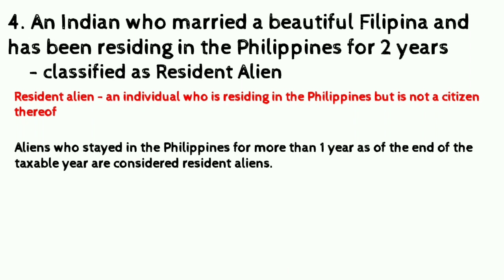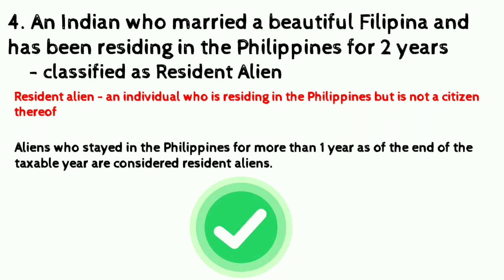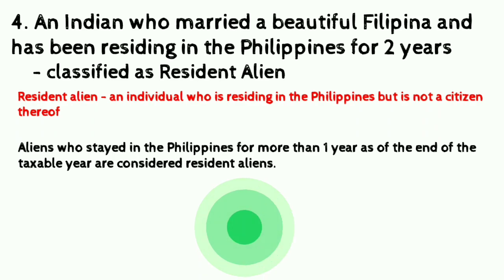So dito sa ating example, sabi niya, yung Indian ay pinakasalan niya yung beautiful Filipina at nandito na siya sa Philippines, dito na siya tumitira for 2 years. So para masabi kasi natin na yung alien is resident alien, dapat nandito siya for more than 1 year. Sabi niya 2 years. More than 1 year na yon. Kaya ang ating classification for this is resident alien.